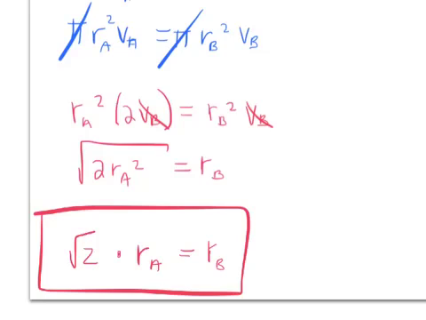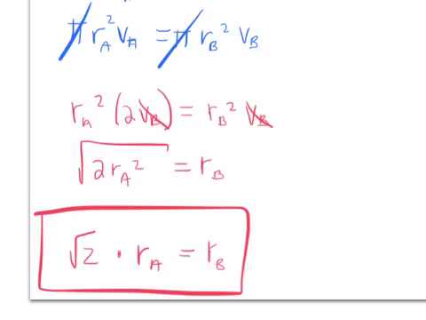Again, we start with the continuity equation. We then plug in the formula for area as pi r squared. We realized that we had a given that VA was twice VB. Plug that in. Cancel VBs on both sides. Solve for RB by taking the square root. But the square root of a square is that quantity itself. The square root of 2 is the square root of 2. So by what factor is RB changing? Here's what you say: RB increases by a factor of radical 2.